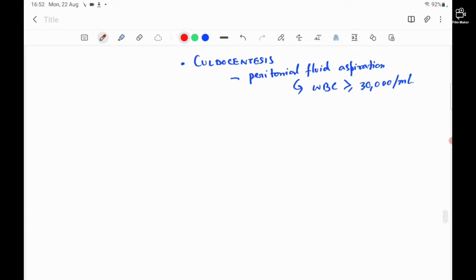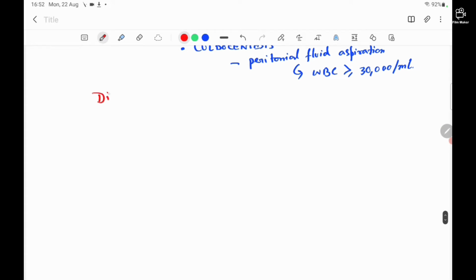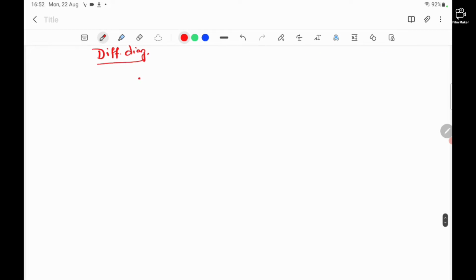So what are the differential diagnoses of PID or pelvic inflammatory disease? Appendicitis, most importantly, because bilateral flank pain is very common in appendicitis. You should always be particular about this.